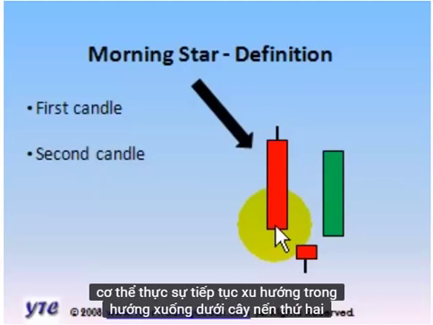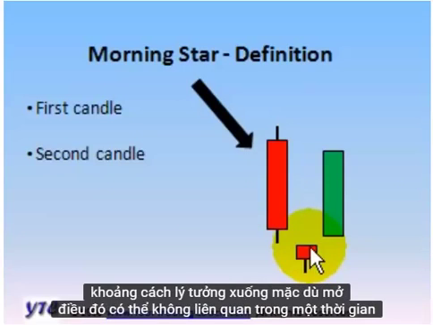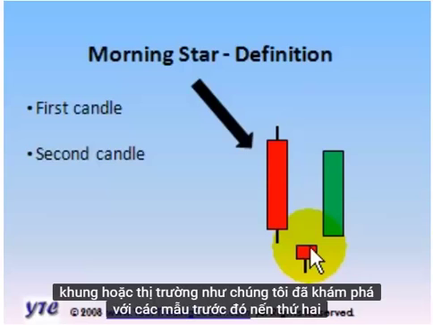The second candle ideally gaps down at the open, although that may not be relevant for some time frames or markets, as we've discovered with previous patterns.